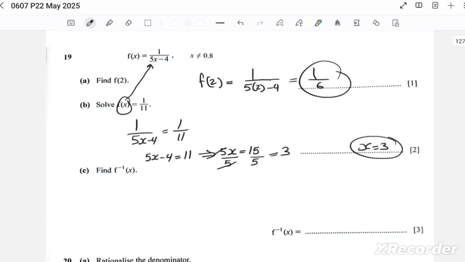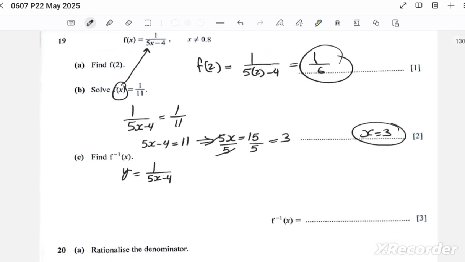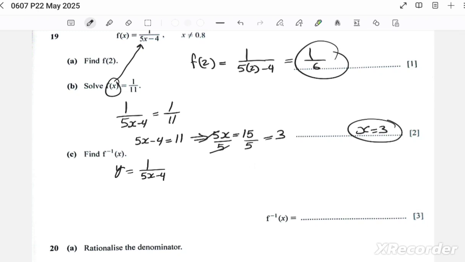Next part, the inverse function. Inverse function, first step, instead of f of x, write y equals 1 over 5x minus 4. Then you can switch y with x. Then make y subject. So 5xy minus 4x equals 1.